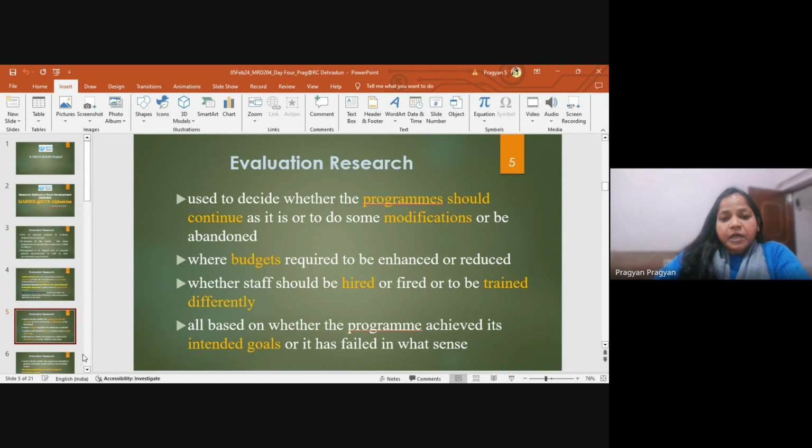Which particular branch of working staff in a particular development agency requires periodical training more often than the staff which is going to be part of other dimensions, or you can say other parts of a particular organizational process. For example, one part is accounting. All of us must be aware that accounting is also a very important activity in a particular development agency.